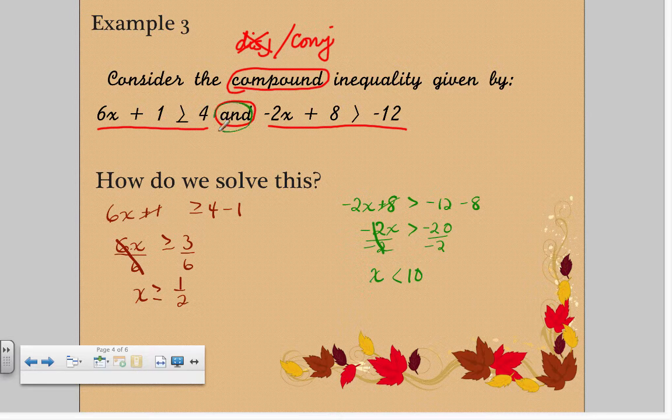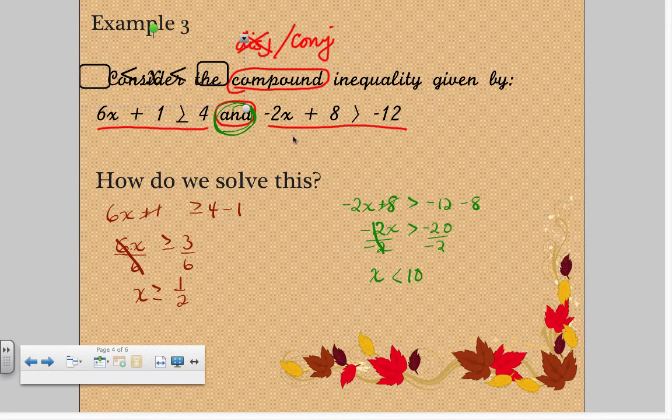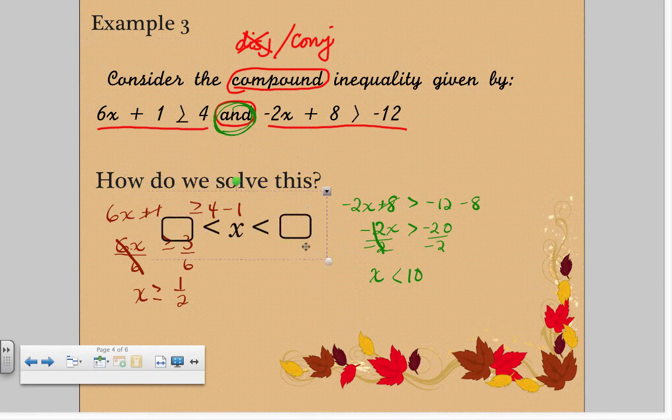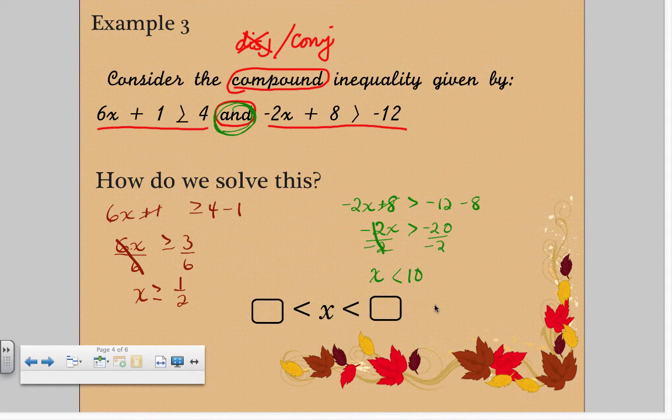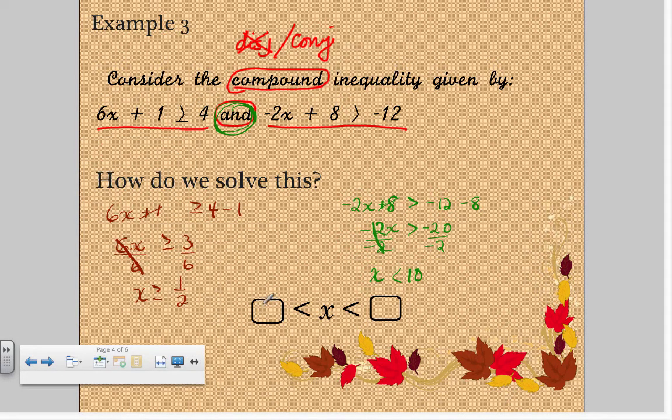Now, we already decided it was an and, a conjunction. So I'm going to come back here and grab my template for how I write a conjunction, bring it over here, and make the necessary arrangements. Okay, well, I know that I take my numbers and I put them in.